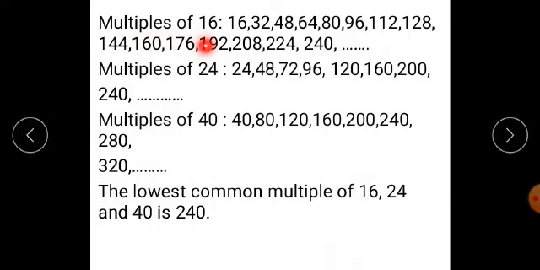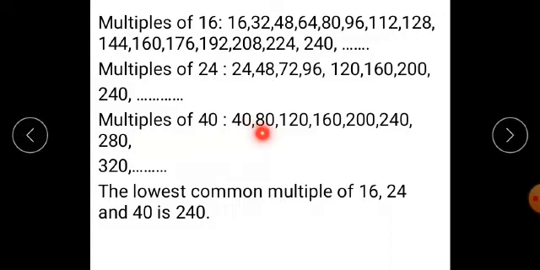Therefore, multiples of 16 are 16, 32, 48, 64, 80, 96, 112, 128, 144, 160, 176, 192, 208, 224, 240, and so on. Multiples of 24 are 24, 48, 72, 96, 120, 144, 168, 192, 216, 240, and so on.